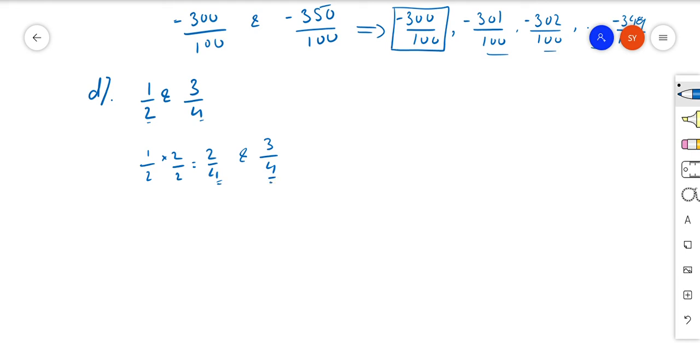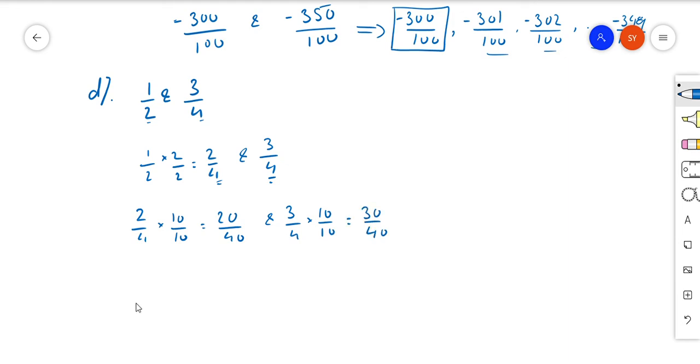Now simply multiply by 10. So 2 by 4, multiplying denominator and numerator by 10, gives you 20 by 40, and 3 by 4 gives you 30 by 40.